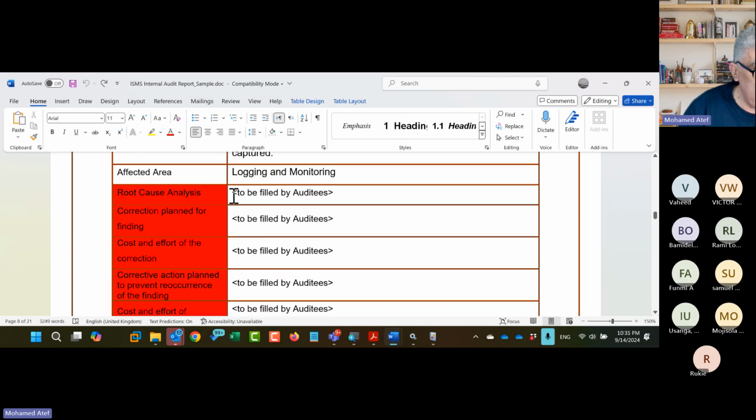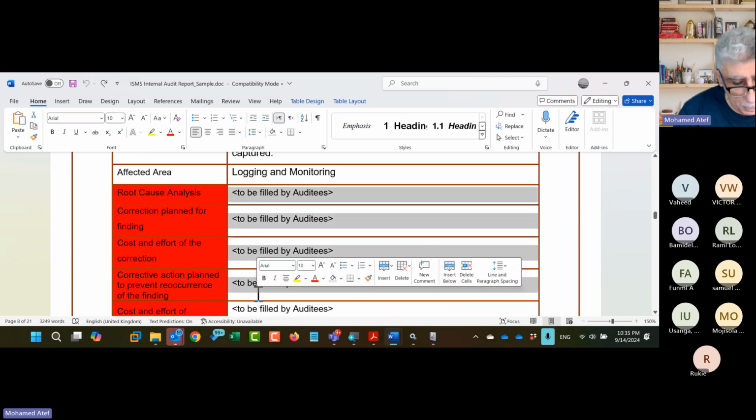And one more time, what needs to be filled in this part? I want to hear from you guys. Once I create this audit, what should be the next step? I will send it to the auditee. Now, is this only for reference, or does something need to be done? Follow up.